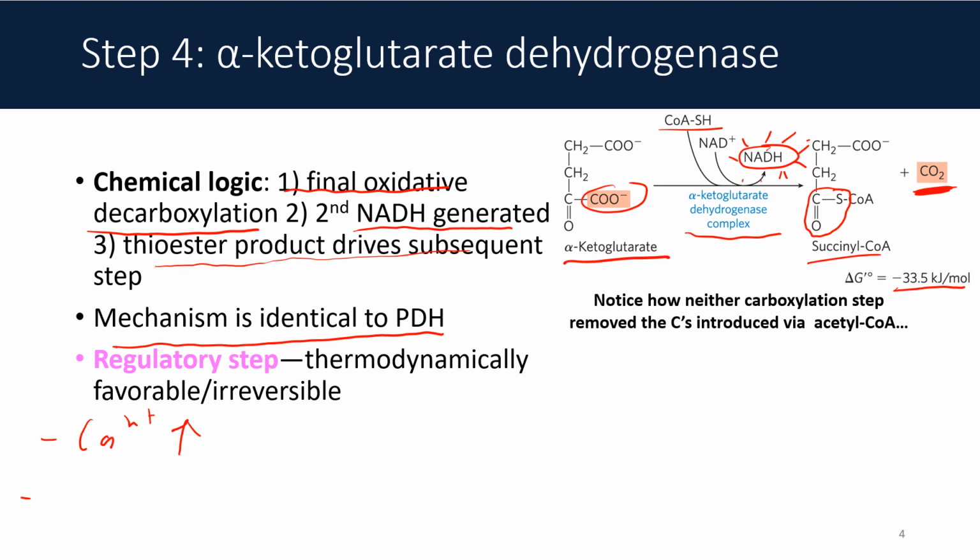And our allosteric deactivators consist of NADH and succinyl-CoA. Now, NADH and succinyl-CoA are products, which means this is, of course, a form of product inhibition.